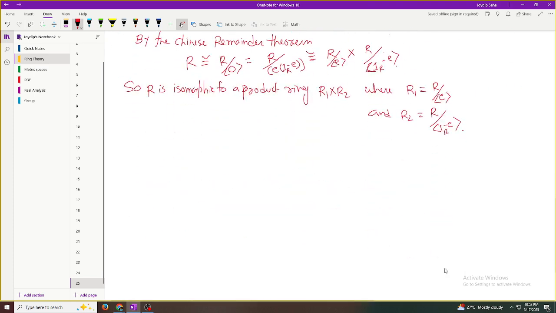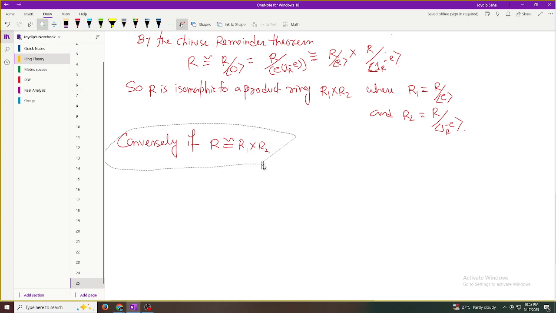Okay. Conversely, if R is isomorphic to R1 cross R2, now my question is, can R1 and R2 be seen as subsets of R? It is yes also.